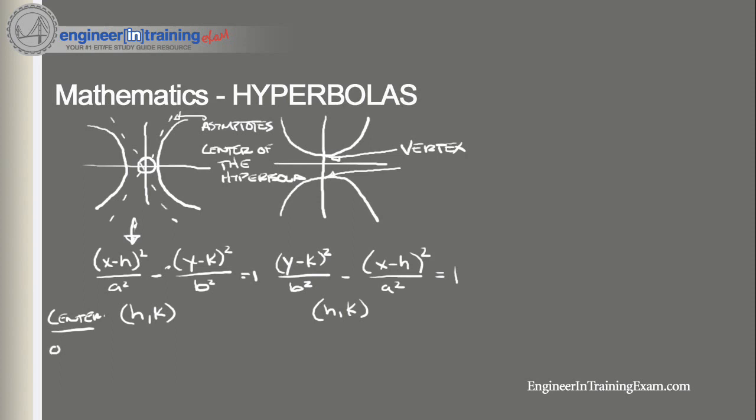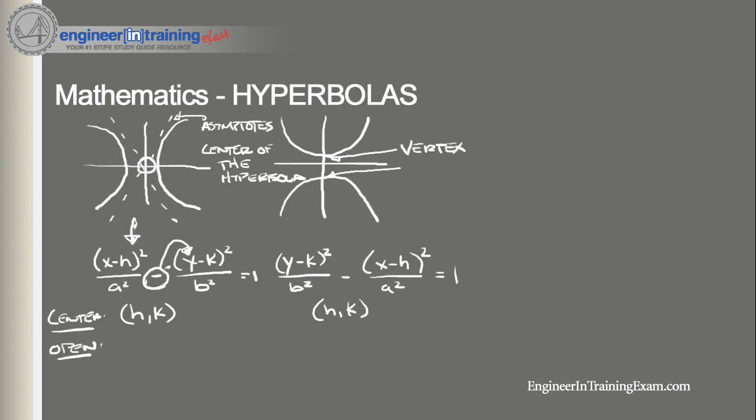Now we can also quickly see how the hyperbola is graphed, what it would look like generally if it was graphed. We could just visualize it by seeing what term this negative sign is in front of. For the hyperbola that opens left and right, this negative sign is going to be in front of the y term.